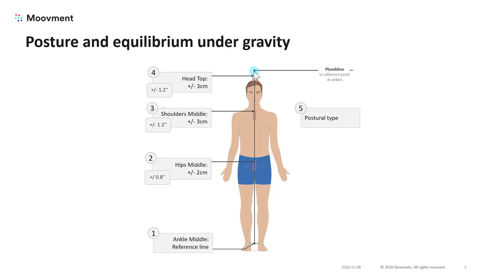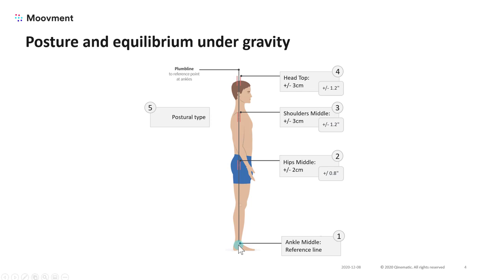Following this, you can see different configurations of hips, shoulders and head, and from here you can define the person's postural type. From the side, we take the same mid-ankle position as our reference line. From the lateral view, we also adopt the plumb line approach.